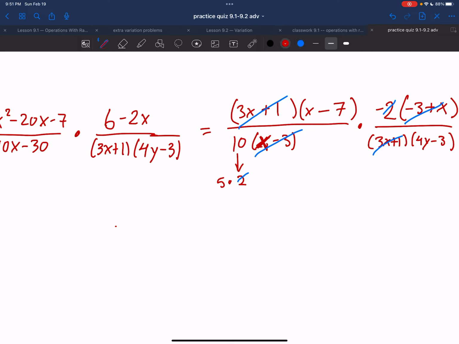And so the end result is there's a negative out front. There's nothing else up top, so I got to put a 1 over. And actually, I'm going to write the negative to the side just because. Negative 1 over. The only factor I have left here is 5 times 4y minus 3. Done.